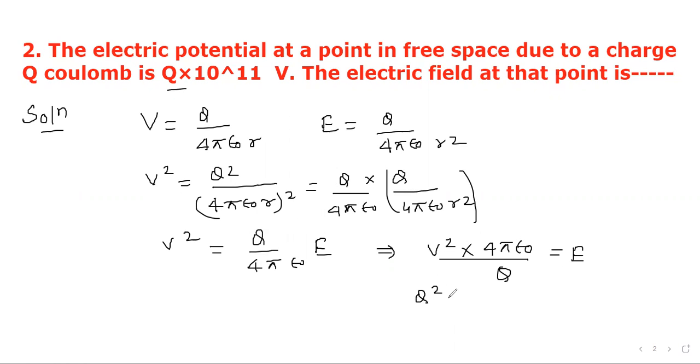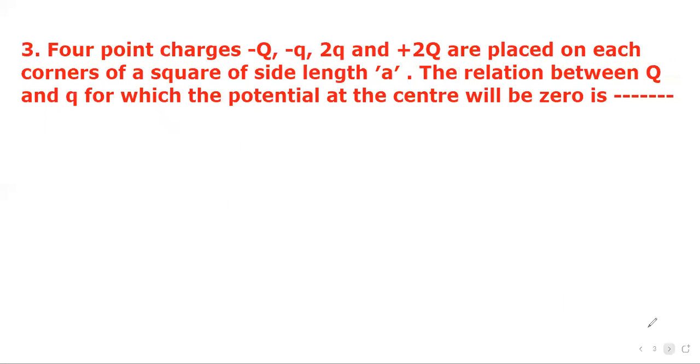So Q square into 10 to the power 22 into 4 pi epsilon naught divided by Q equal to E. So one Q will cancel out and our answer will be Q times 4 pi epsilon naught times 10 power 22 volt per meter. Now let's see next question.